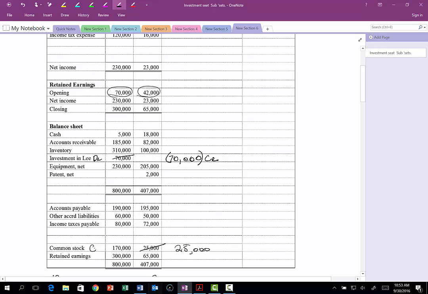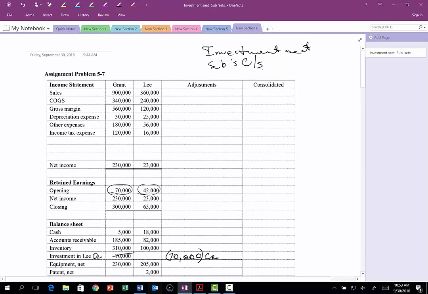Remember, in the steps that we do, brackets indicate credits and positives indicate debits. But when we get into this schedule, we're just putting credit and debit beside, and I use brackets to indicate subtraction. As I indicated in class, you can do it however works for you.